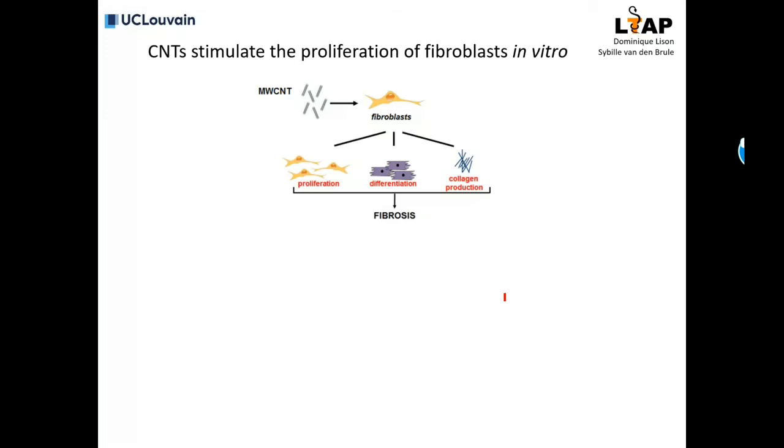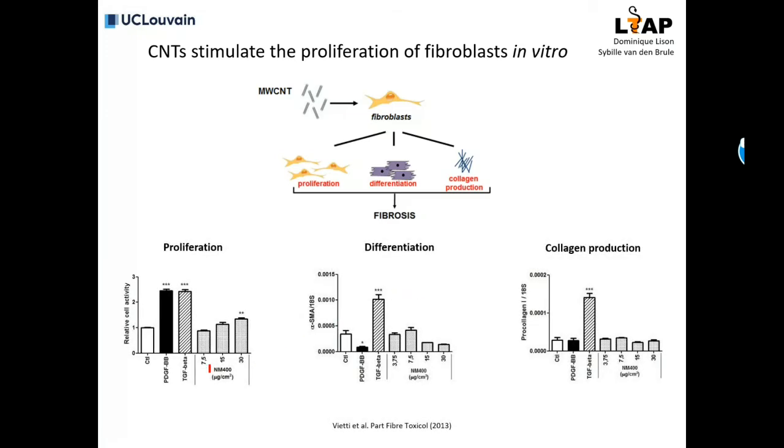So they have used a monoculture assay with fibroblasts in submerged conditions. They looked at proliferation, differentiation, and collagen production, which I mentioned before, which are very important key events to predict fibrosis. Here are some results.